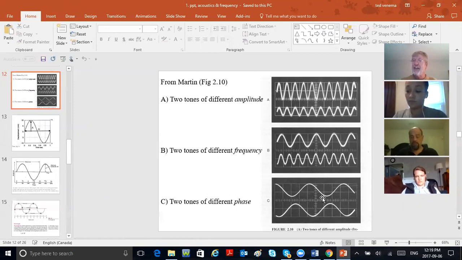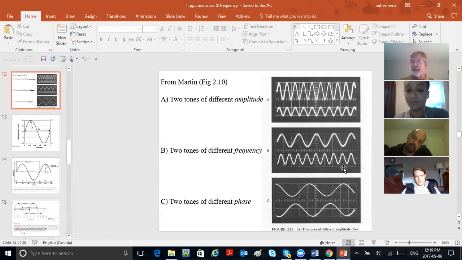These are different in phase. Look at this. Same amount of waves as this one. It's just that these are taller. So these two tones are different in amplitude. The middle panel has the same amplitude, the same height of the wave, because the height of the wave represents amplitude, but this one has fewer cycles than this one does.